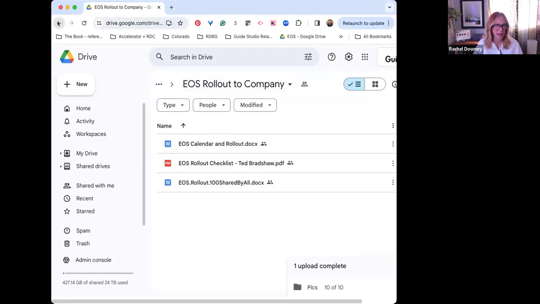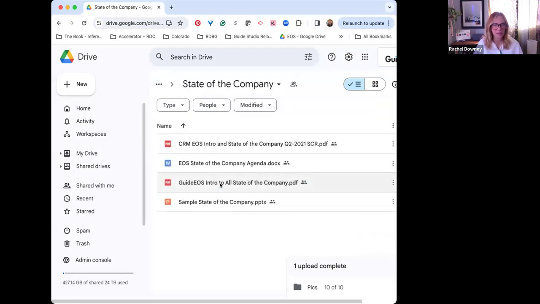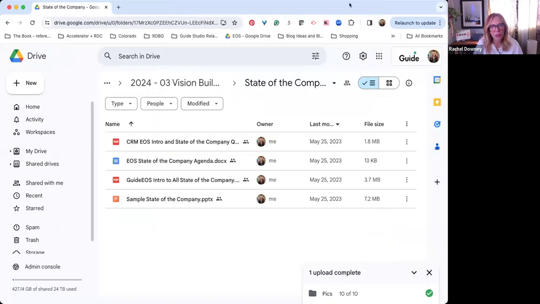And we also have a couple of state of the company examples. You do not have to use a slide presentation. Some people choose to. I do think it's helpful to be visual, and I'm a visual learner, so that makes sense for me. But if you wanted to pass out VTOs and have handouts, that's also fine. But what you'll see in here is a few examples of state of the company meetings.